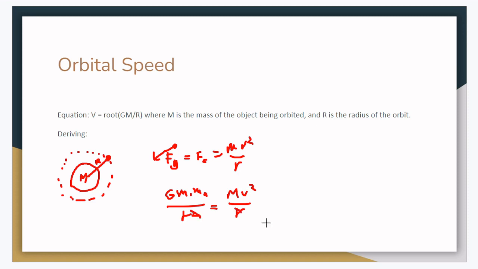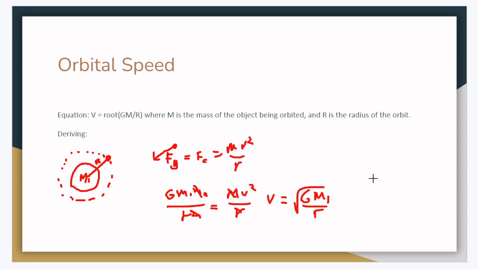Let's say m2 was the mass of the object that's rotating, and this m is also the mass of the object that's rotating, so we cancel these two. If we solve for v, you just square root both sides, and v is the root of G m1 over r, where m1 is the mass of this planet right here. And that's how you derive the orbital speed.